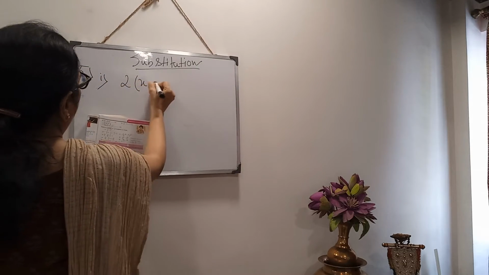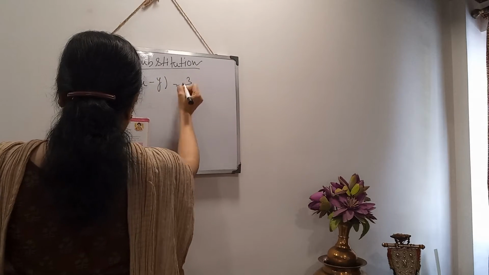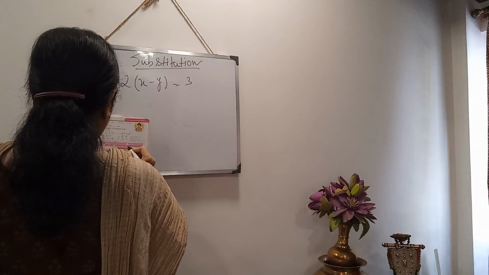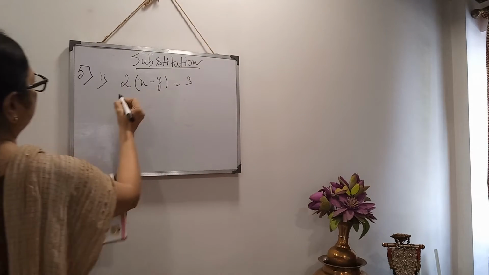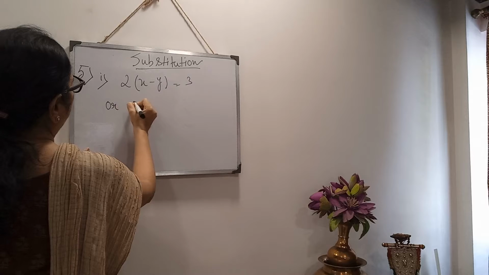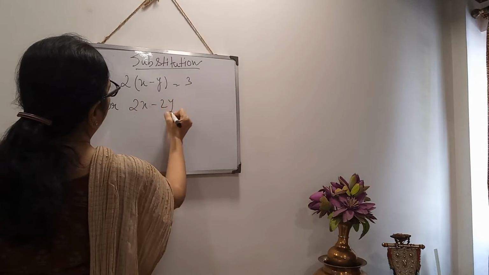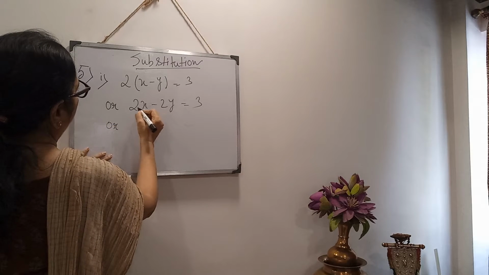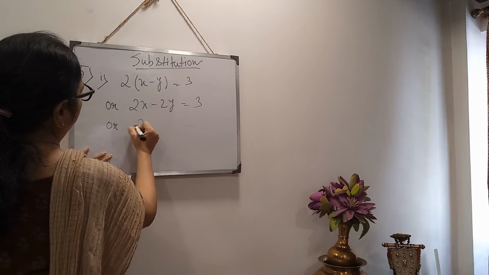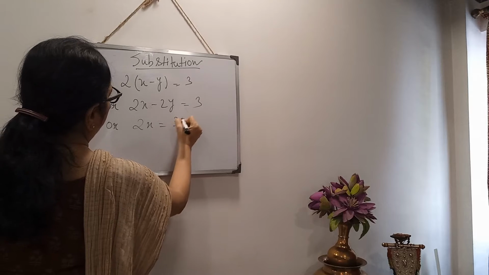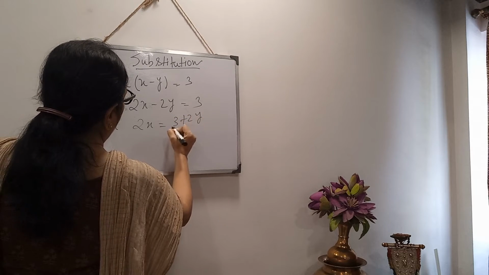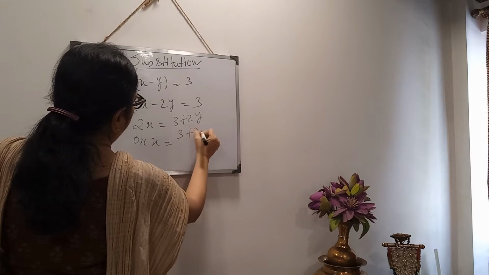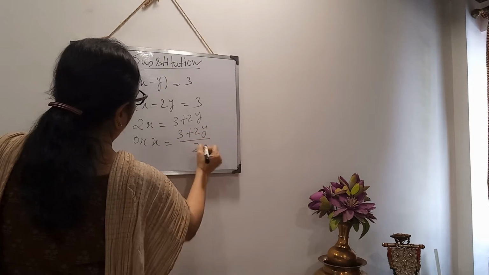Now see, I am starting with sum 5. The first equation is 2x minus y equals 3. From here, 2x equals 3 plus 2y, so x equals (3 plus 2y) by 2.